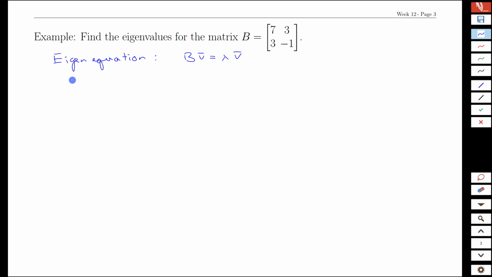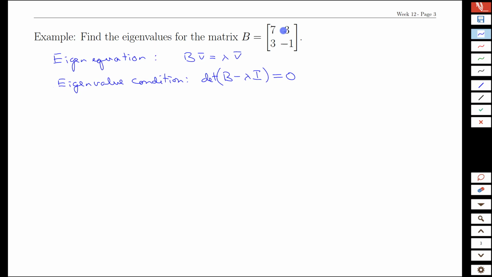Then we did some work with that equation, we shuffled things around, and we came up with the eigenvalue condition, which is that B minus lambda, brought over, but we had to multiply it by an identity matrix to make this matrices times matrices. That new matrix had to be non-invertible, so it had to have a determinant of 0.